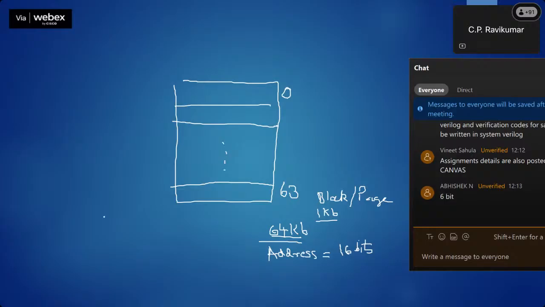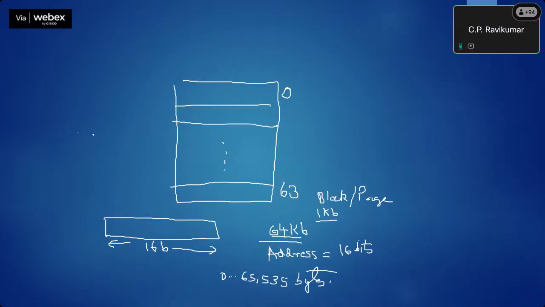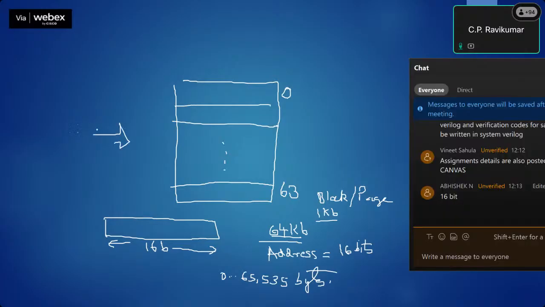Because you will need to address any one of the 64 kilobytes, right? So there are 0 to 65,535 bytes. And the CPU will produce an address which is 16 bit.